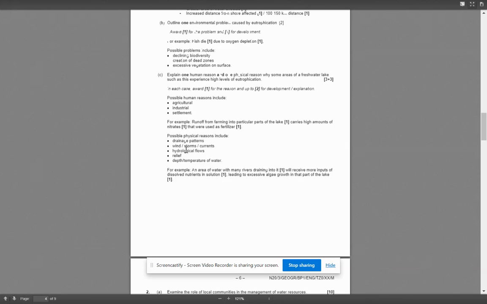Similarly, relief enables water to flow a lot faster, so these dissolved nutrients would flow down through the soil or through the rivers into the lake, contributing to eutrophication. So something like that to get your 6 marks.